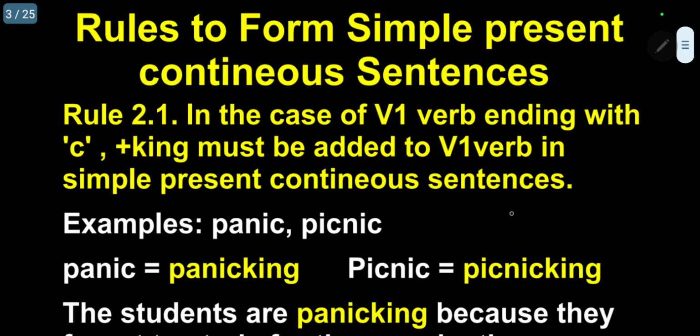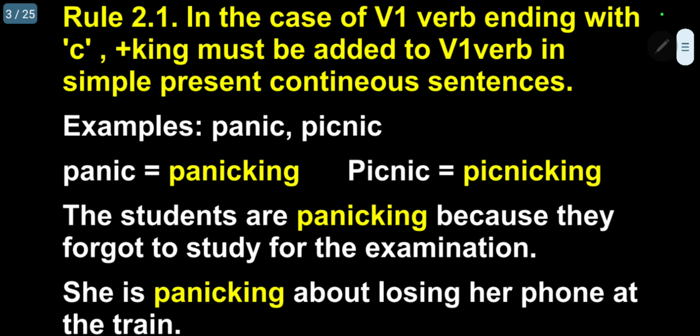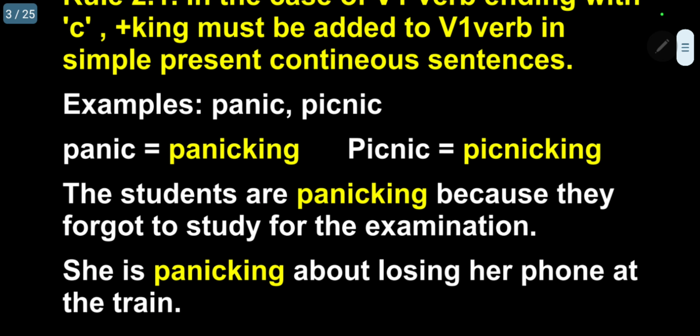A specific example, I am indicating 2 examples. One is, the basic verb is panic, P-A-N-I-C. So the end letter is C. The same way, picnic, another word, the end letter is C. These 2 words are taken from the Oxford Dictionary.